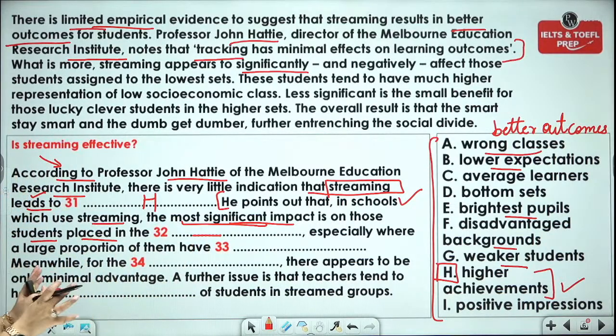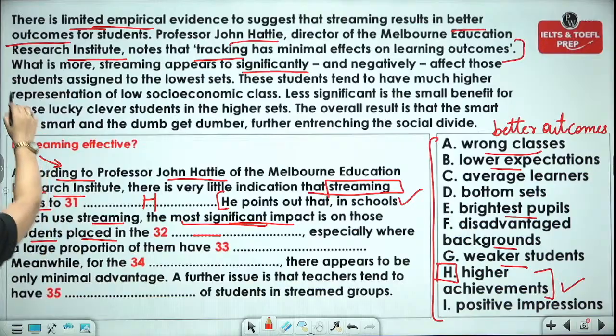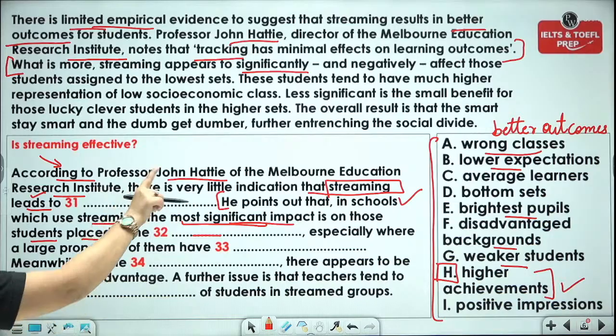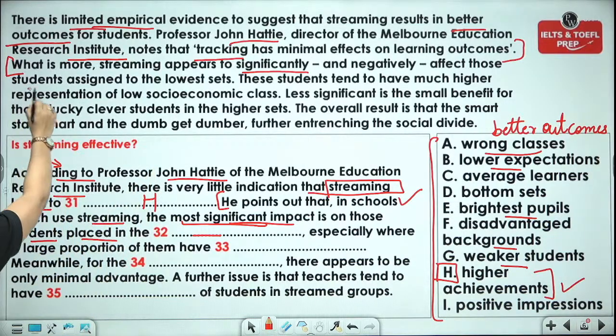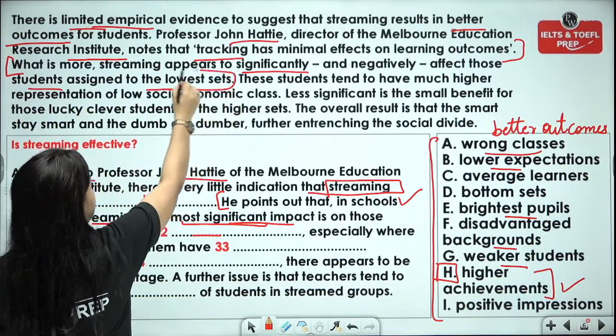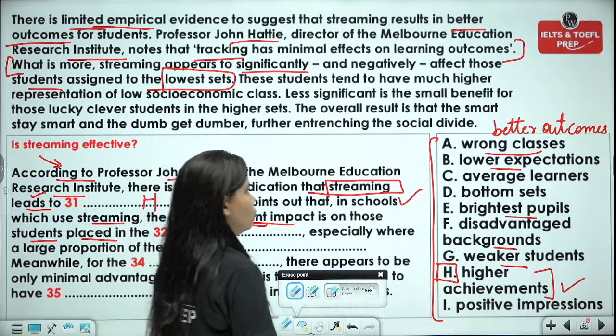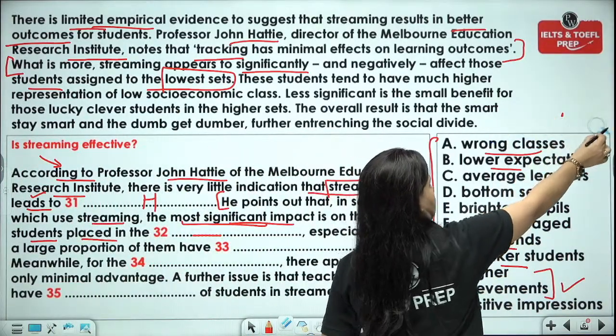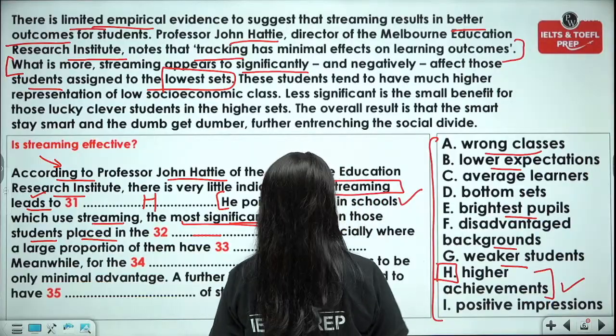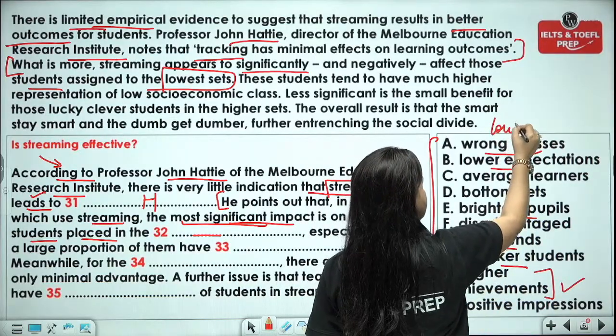So we need to find out on whom the most significant impact of streaming is. It's written here. He says, what is more, streaming appears to significantly and negatively affect students assigned to the lowest sets. So it impacts students who are assigned to lowest sets. So now you need to find the synonym of lowest sets here.